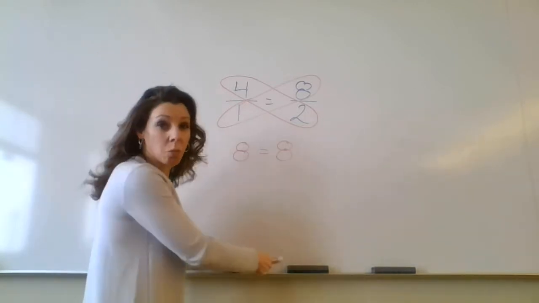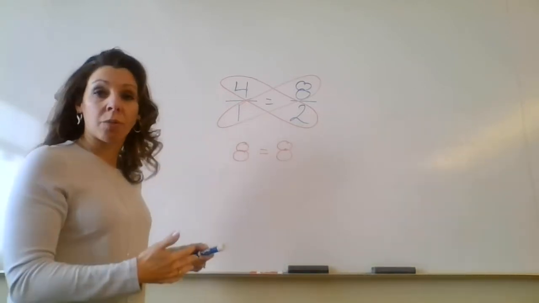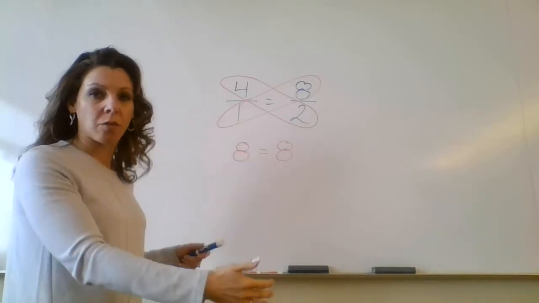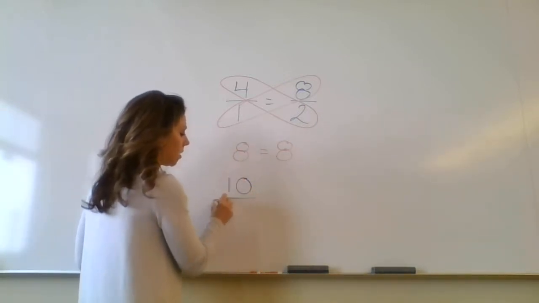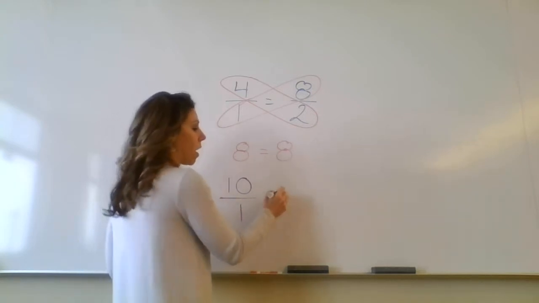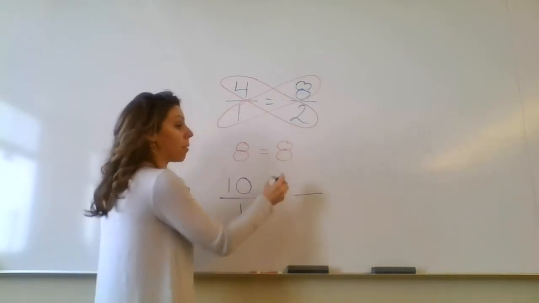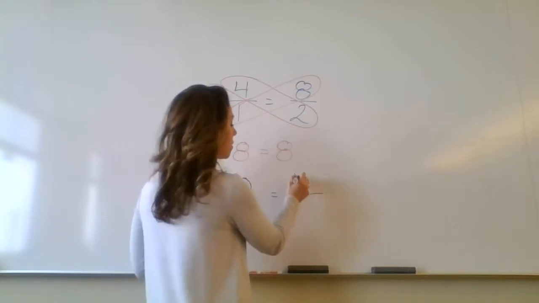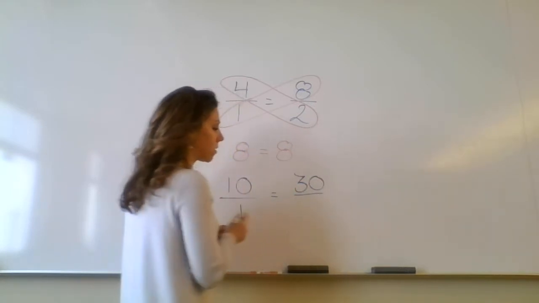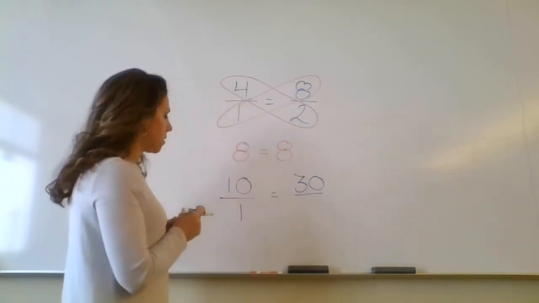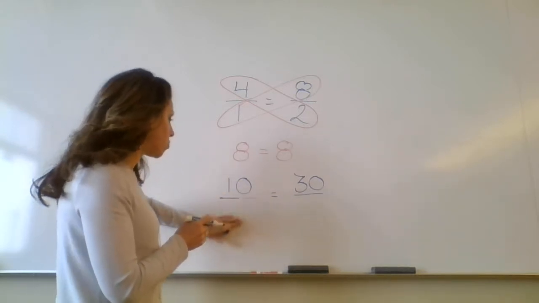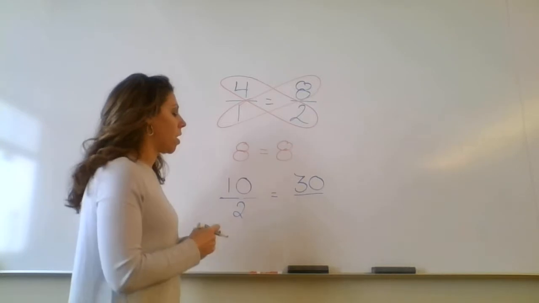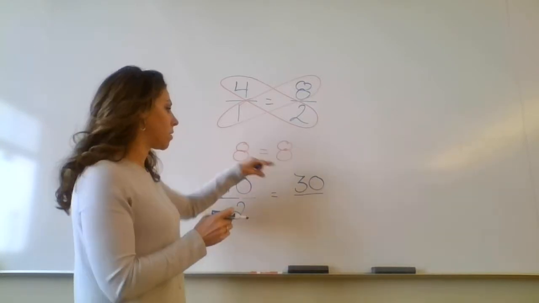Maybe they want to see one more example. So let's use the other one we had with coloring the pages in so many hours. We had said we could color 10 pages in 2 hours. So how many hours would it take us to color 30 pages?